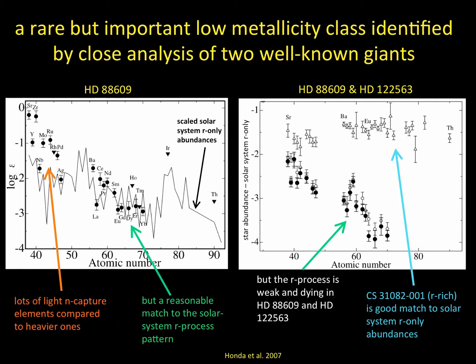I've shown you the r-process-rich stars. How about the r-process-poor stars? They're not actually r-process-poor, they're n-capture-poor. That is, there is an underabundance of neutron capture elements compared with things like the iron group. Well, they're around.